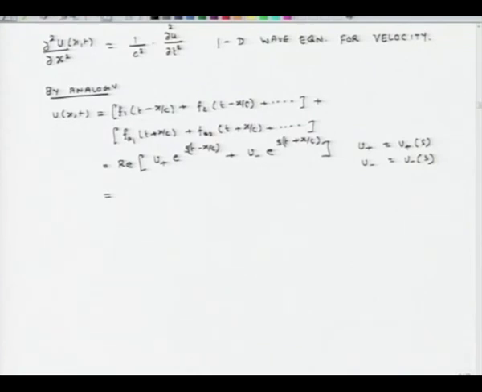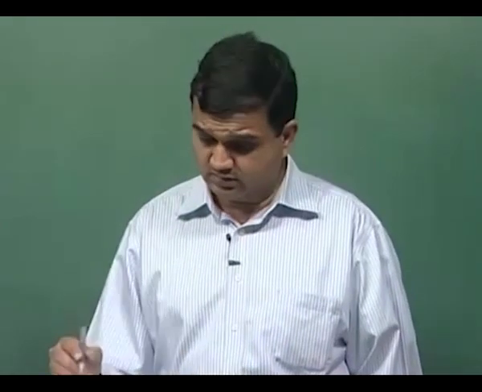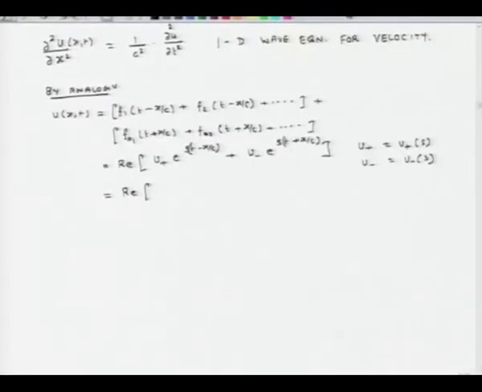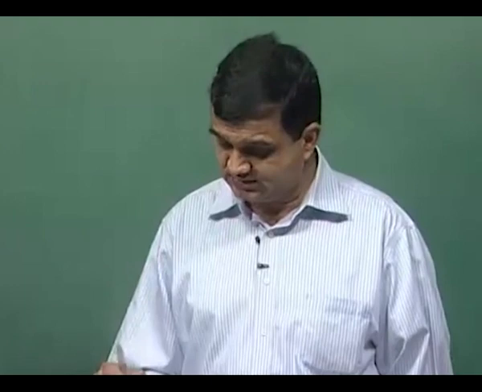So, now as I did for the case of the pressure wave equation, I can rewrite this as real of, and I take e to the power of s t out, U plus e to the power of minus s x over c plus U minus e to the power of plus s x over c, and I can rewrite this term in curly brackets as U of x and s.